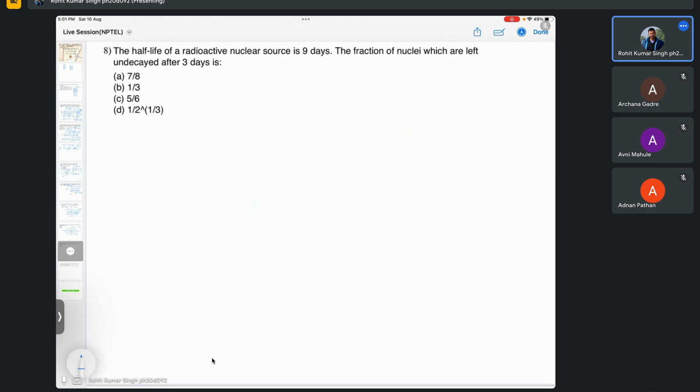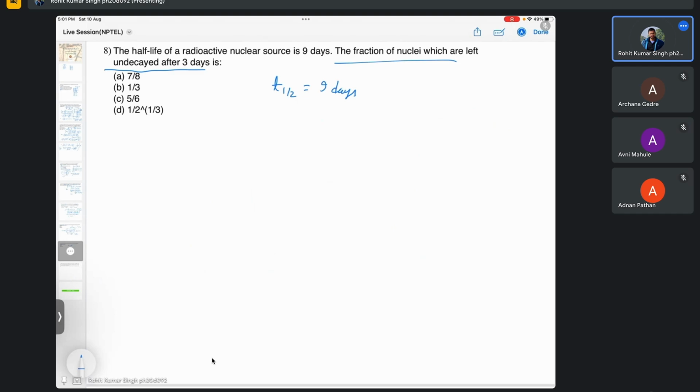So the question is, the half-life of a radioactive nuclear source is 9 days. So T half is given as 9 days, and the question is the fraction of nuclei which are left undecayed after 3 days.